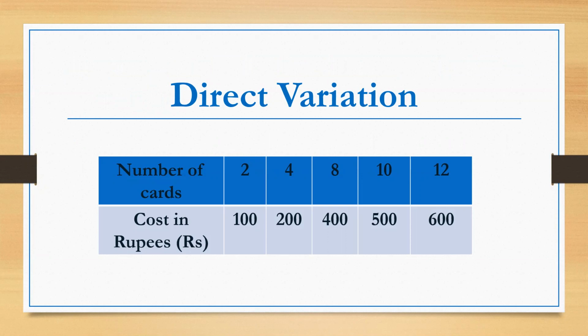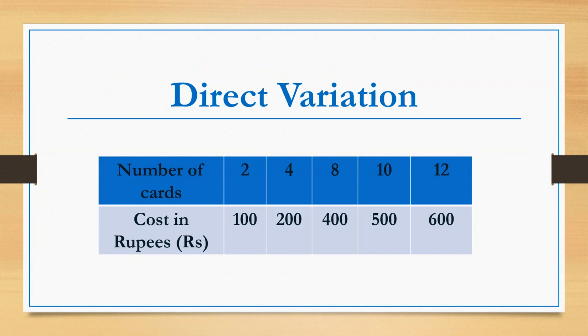You can observe that in the first row, we have number of cards, and in the second row, we have the cost in rupees. So for example, if 2 cards are bought, the cost will be 100 rupees. If 4 cards are bought, the cost will be 200 rupees.